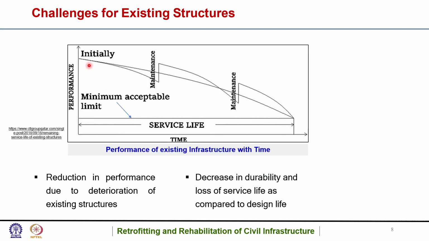If we see here, this is the ideal curve which represents the performance of any existing infrastructure as a function of service life, that is time. The performance gradually deteriorates or declines with time. This is a trend line, and this is the reality of how the performance behaves.